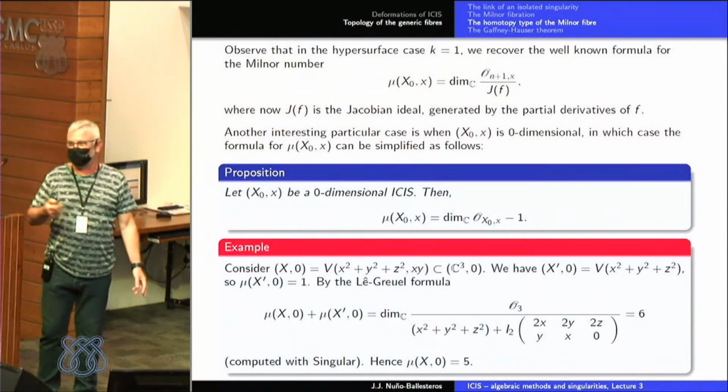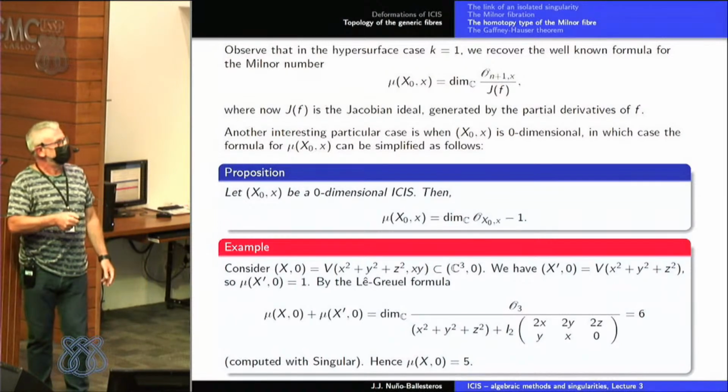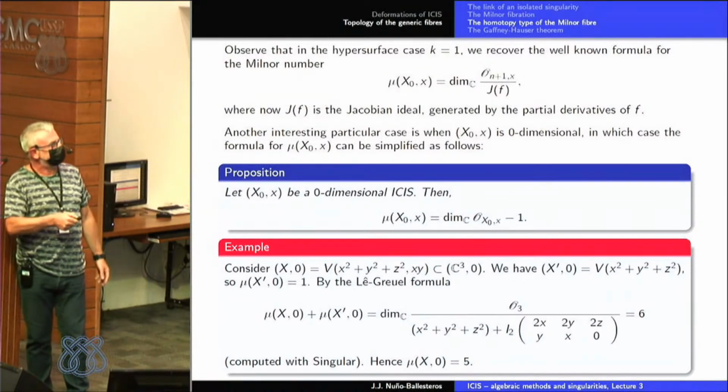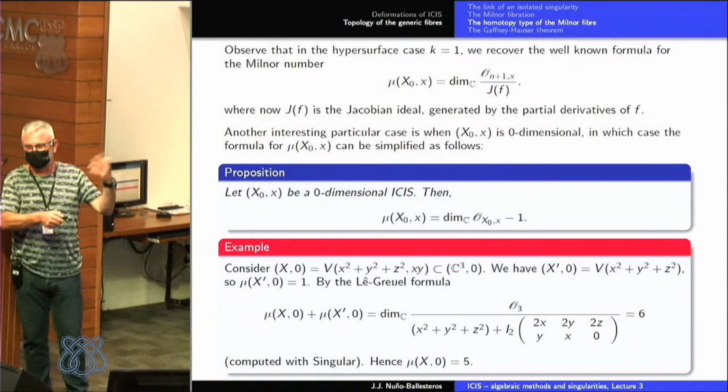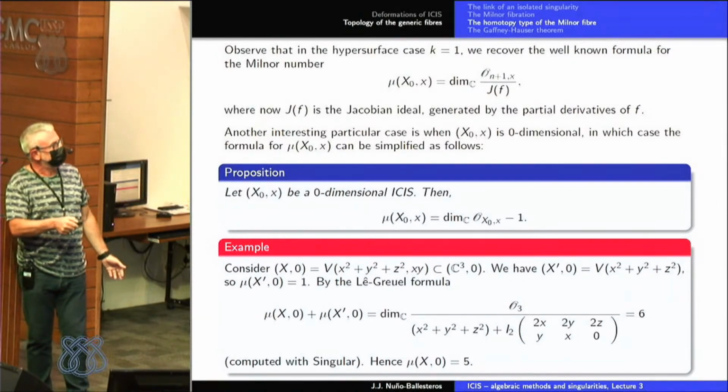But because I am a smart person, I choose the right order, because in that case the first one defines a hypersurface with isolated singularity. So you don't need to choose generic linear coordinates, and you can apply directly the Lê–Greuel formula.